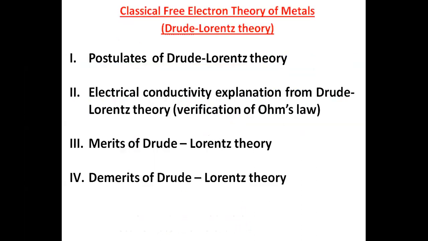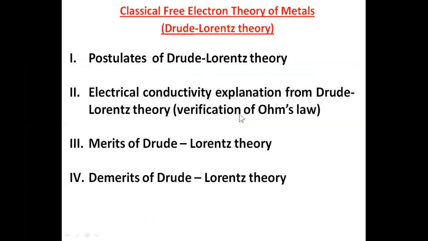So today we are going to start with the classical free electron theory of metals. It's also known as Drude-Lorentz theory. In this theory, we will be understanding the postulates or the assumptions made by Drude and Lorentz in order to explain the properties of metals.